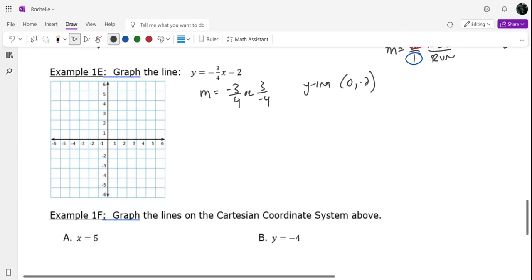So first I go ahead and plot that point, 0, negative 2. Then I look at my slope. My slope says negative 3 over 4. So that's going to mean, since this is my rise, I'm going to go down 3, 1, 2, 3, and then in the positive direction 4, 1, 2, 3, 4.